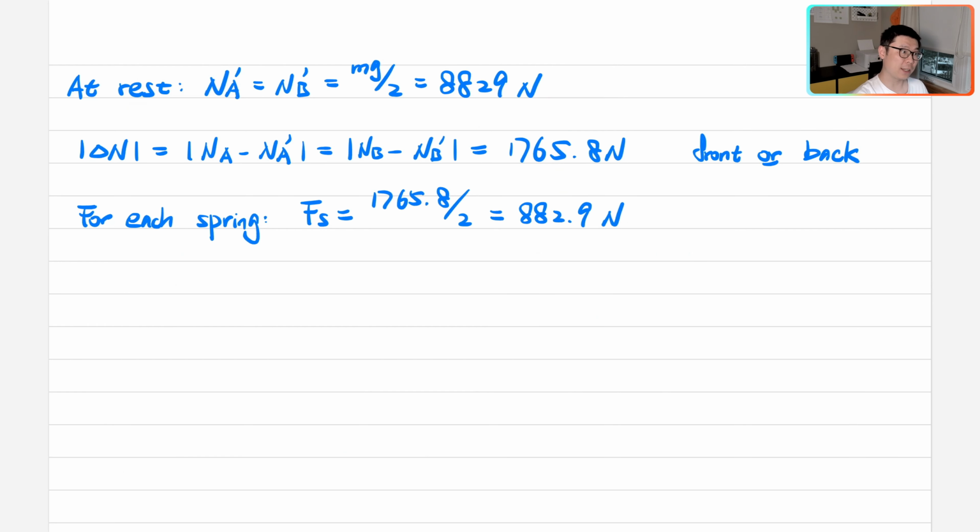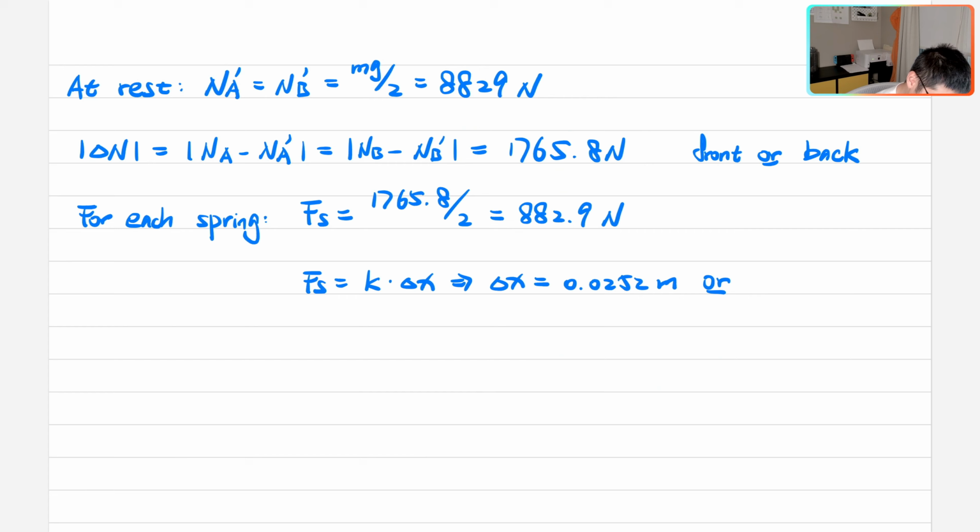So per spring, you need to divide by 2. Again, according to Hooke's law, your Fs is K delta x. Your delta x is therefore 0.0252 meter, or how much? 25.2 millimeters. So compared to a car, this deformation is very small.